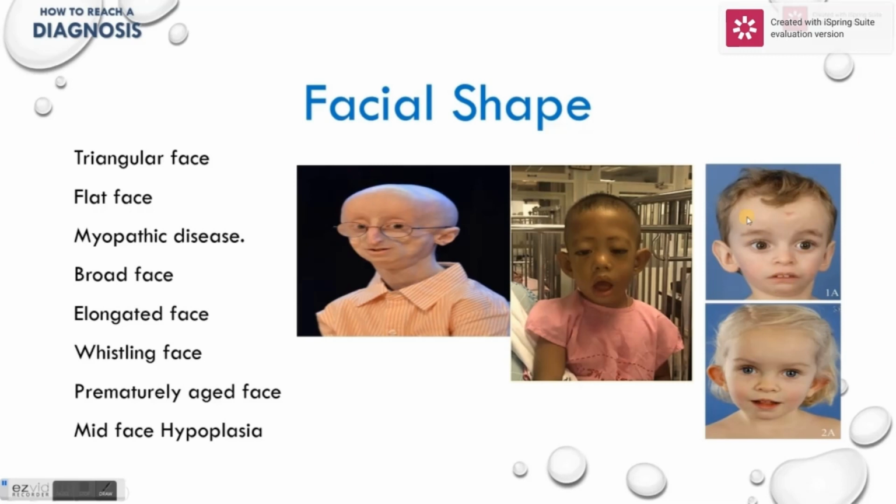This is a triangular face. This is protruding ears. Protruding ears may be large ears. This is also protruding ears. Wide open mouth, tented upper lip, low nasal bridge, broad nasal tip, puffy looking eyes, sparse hair.